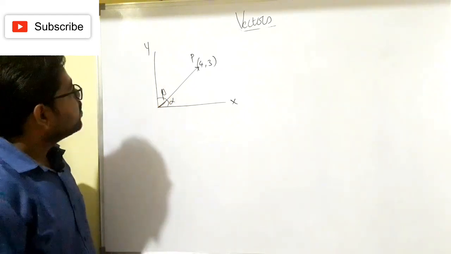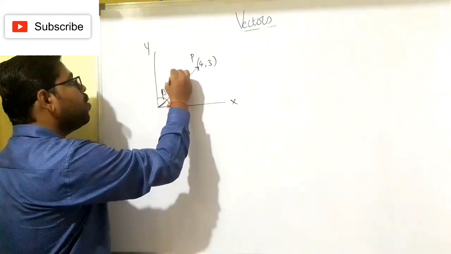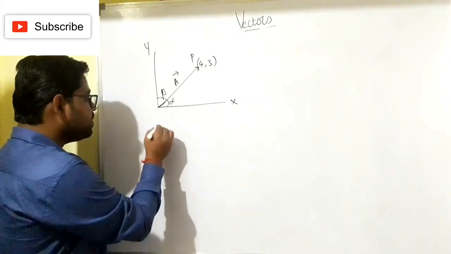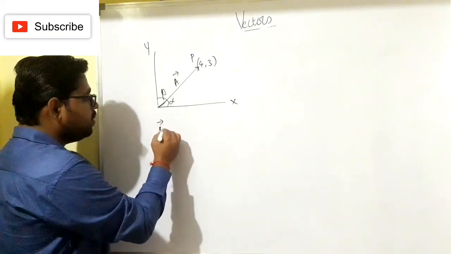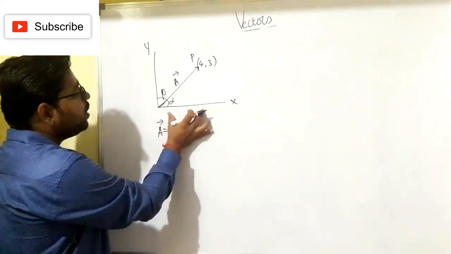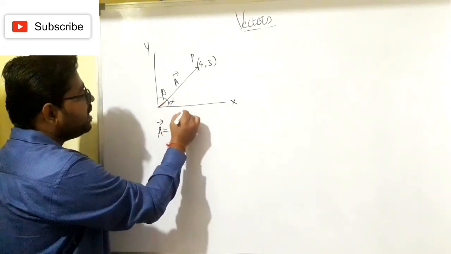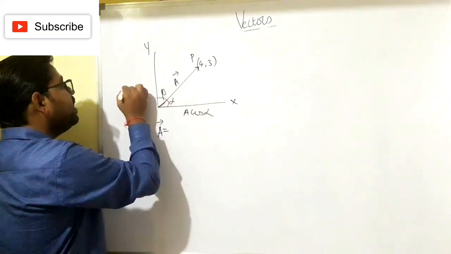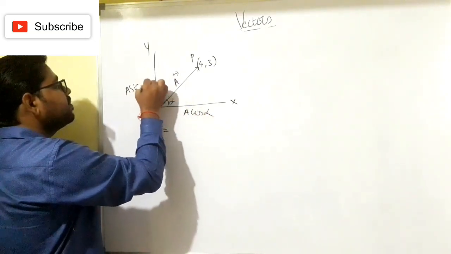Now this is a vector. Now how do we resolve this A vector? You know everything, we have done several examples on this. A vector is equal to, shall I write like this? The component along this, it is making angle alpha, means it is A cos alpha, and the component here is A sin alpha, right?